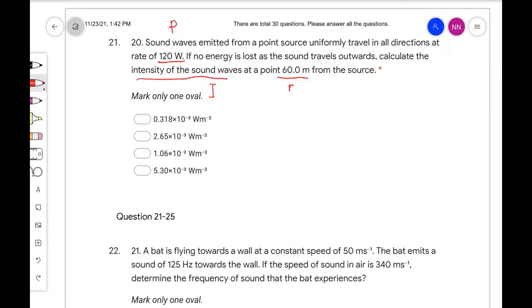So the formula for sound intensity is intensity equals power over area. Because sound travels in all directions, it is in the shape of a sphere. The area of a sphere is 4 pi r squared.